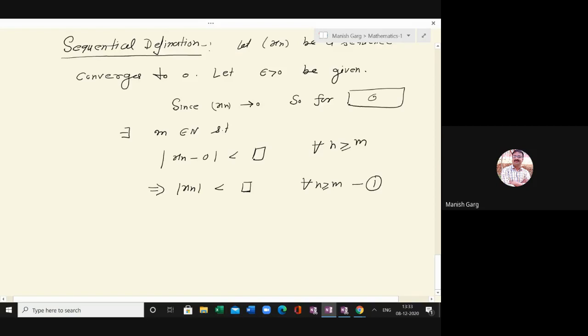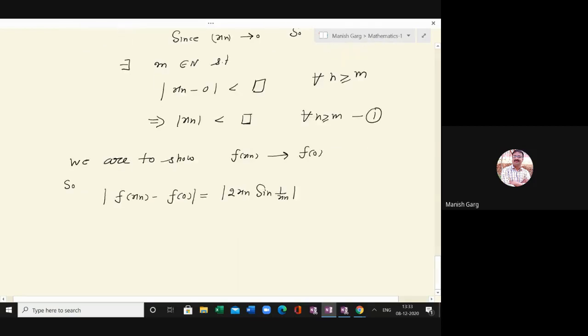Okay, now we are to show that f(xn) converges to f0. So find mod f(xn) minus f(x0). This will be mod xn times 2 xn sine 1 upon xn. So here, mod fx minus f0, can I write directly 2 mod xn?